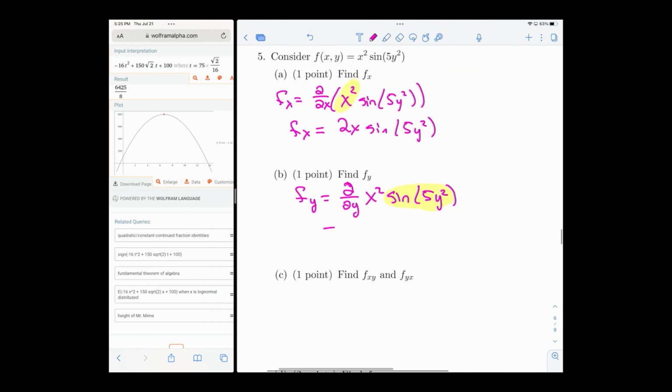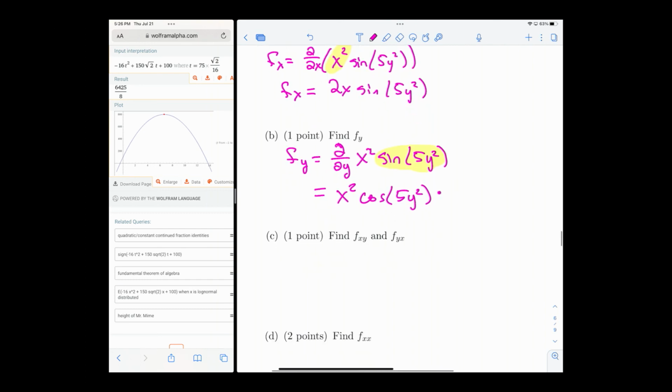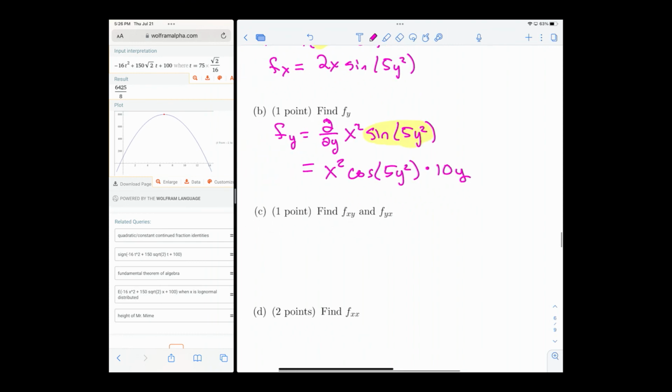So we get x squared, and then the derivative of sine is cosine 5y squared, and then by the chain rule, the derivative of 5y squared with respect to y is 10y. You can simplify that if you want. So 10x squared y cosine 5y squared.